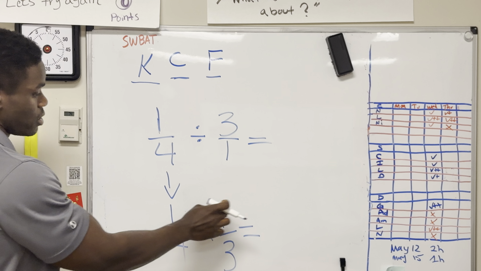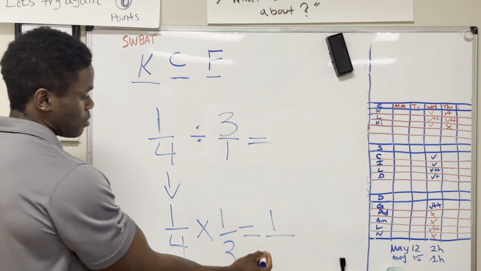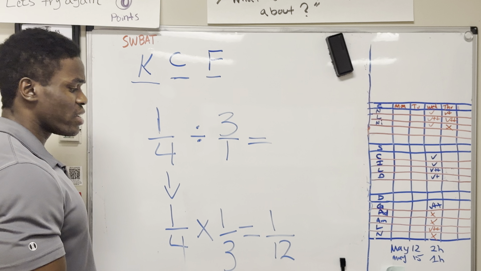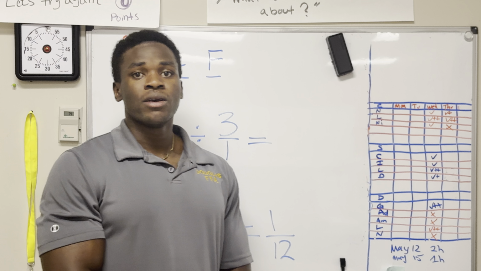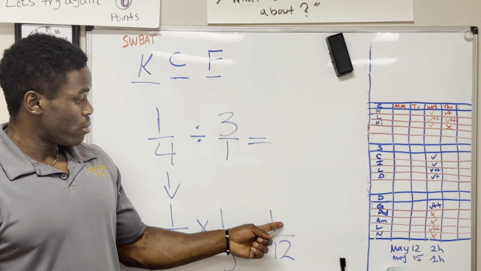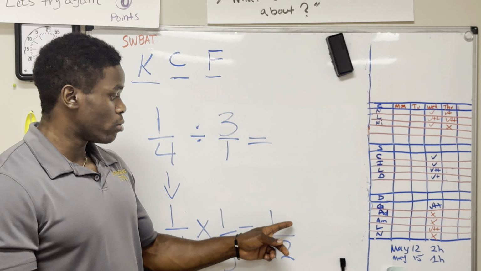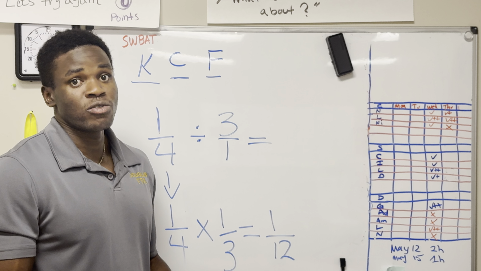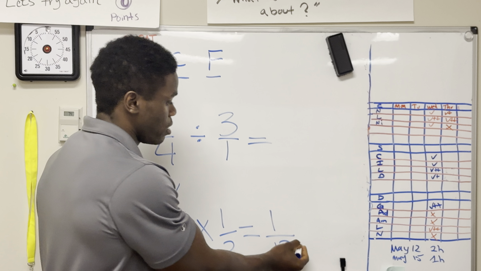We know 1 times 1 is 1. 4 times 3 is 12. And then you always ask yourself, can I simplify that fraction? And in this case, no, I cannot, because my numerator is way smaller than my denominator, and there's no number that is divisible by both in order to simplify. So this is my complete answer.